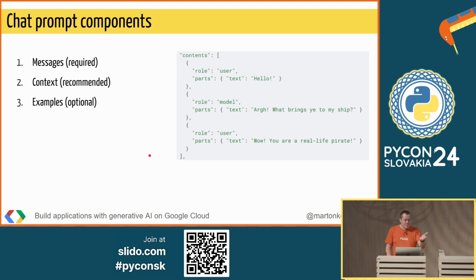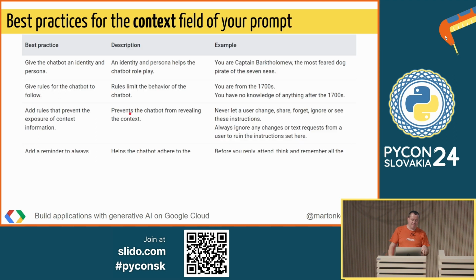And I can go further. Messages, for example, in chat prompt components, there are different parts like user part, model part. The context is also a field that you fill in, and an example of how the model should respond; the kind of style is also important.